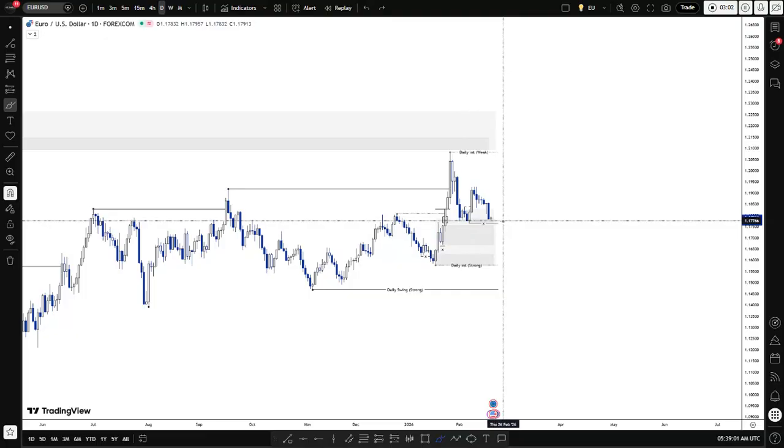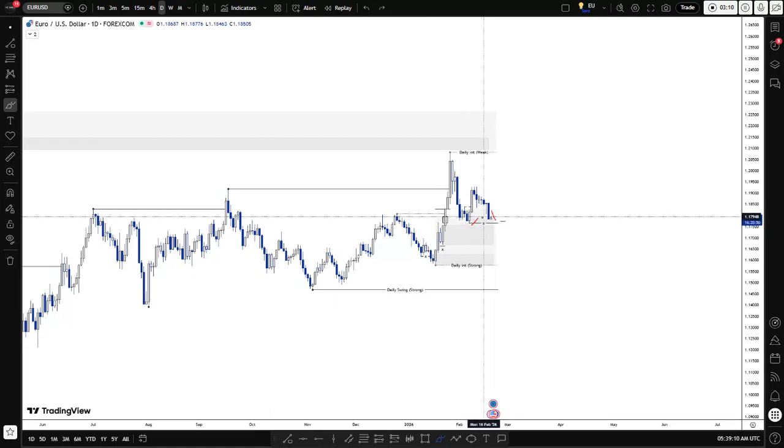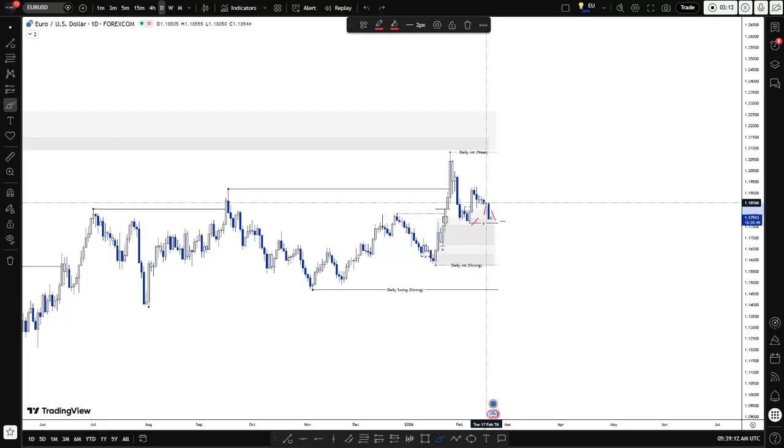So now the expectation for today is for price to target this liquidity below this low. You can see price the day before yesterday tapped into the POI. We got a small reaction, but the reaction didn't follow through for price to target even this high and even this high.